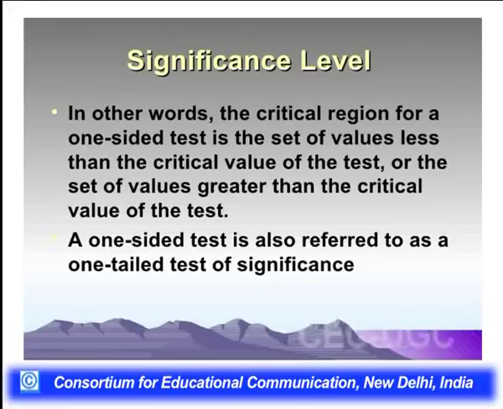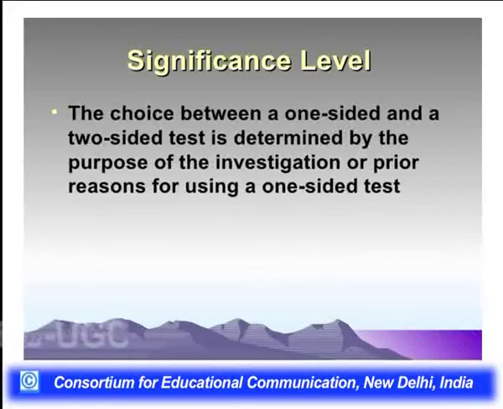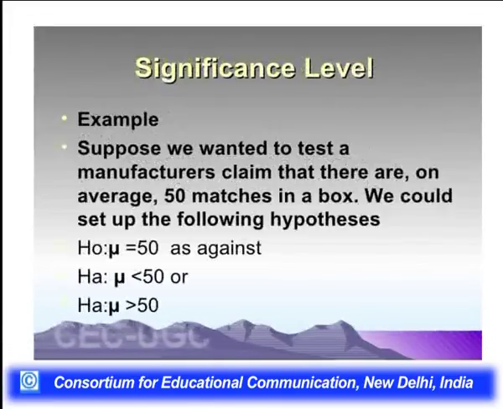A one-sided test is also referred to as a one-tail test of significance. The choice between a one-sided and two-sided test is determined by the purpose of the investigation or prior reason for using a one-sided test.